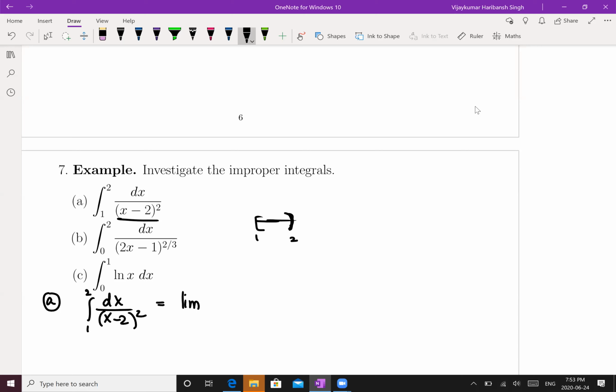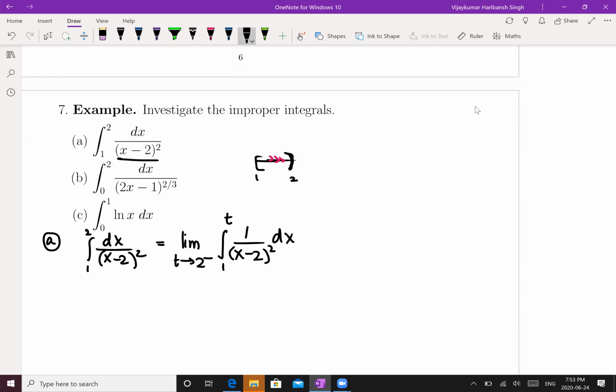As you want to approach 2 now, right? But from where? You're approaching 2 via t, and your t approaches from the left. So the integral from 1 to t, and t approaches 2 from the left, of 1 by (x minus 2) the whole squared dx.